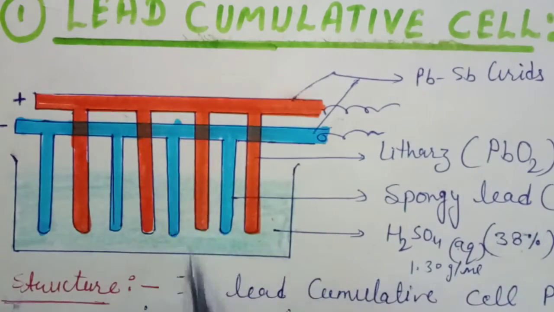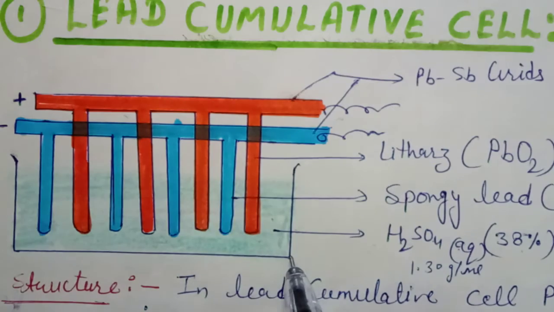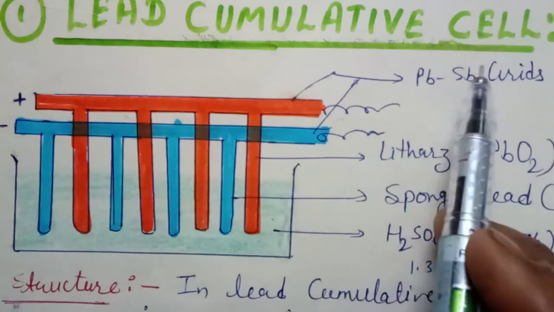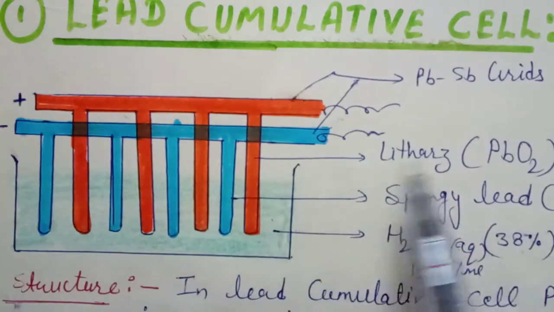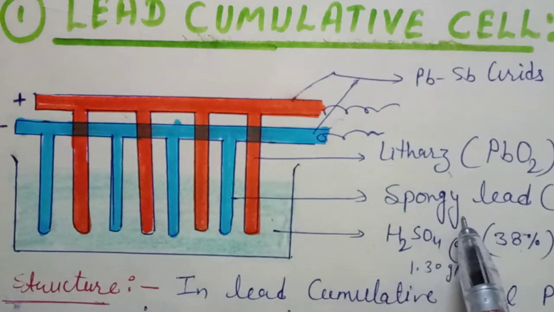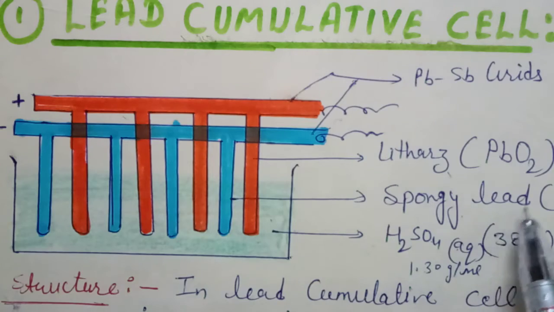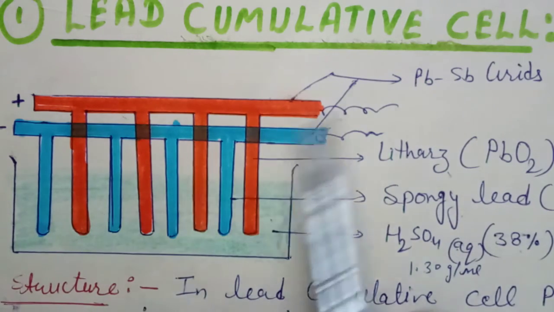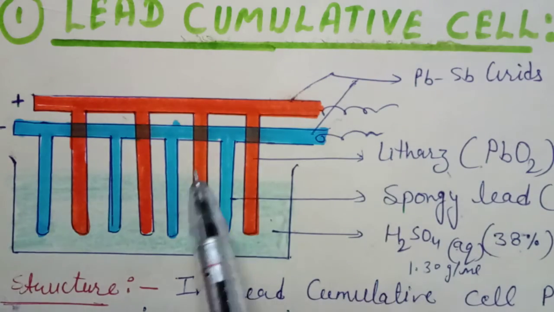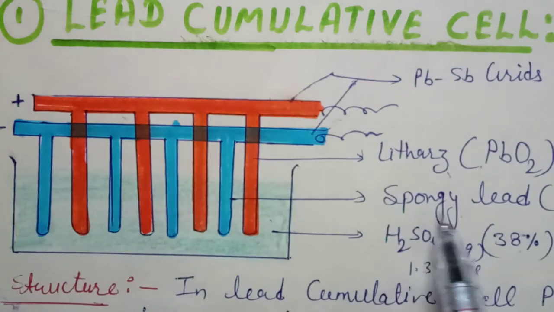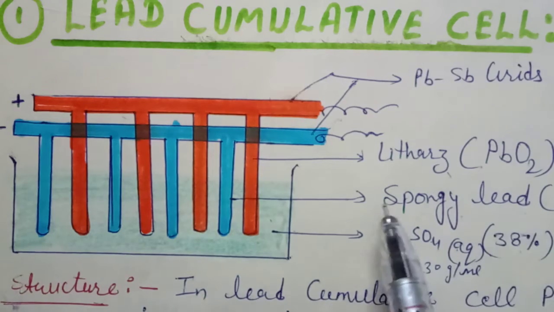Pb-Sb grids are dipped, immersed in this H2SO4 solution. Pb-Sb grids are filled with two materials. One is litharge and the second one is spongy lead, meaning Pb. Half the Pb-Sb grids are filled with litharge acting as cathode, and half the Pb-Sb grids are filled with spongy lead acting as anode.